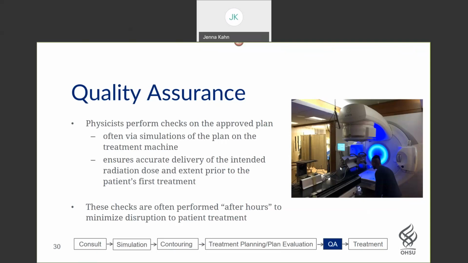So here you can see a quality assurance type machine that the linear accelerator is going to give our planned radiation dose, and it's going to check to see if what I or a physician has said to treat is actually being delivered by the treatment plan. So it's a quality assurance or a double check on our machine.